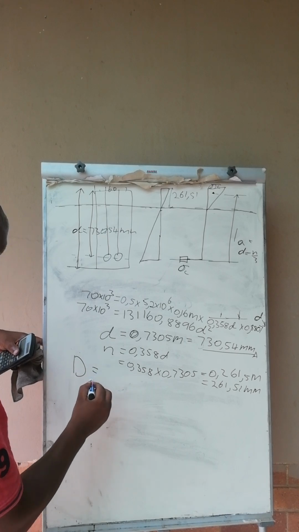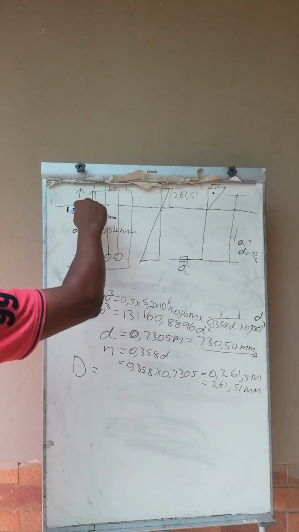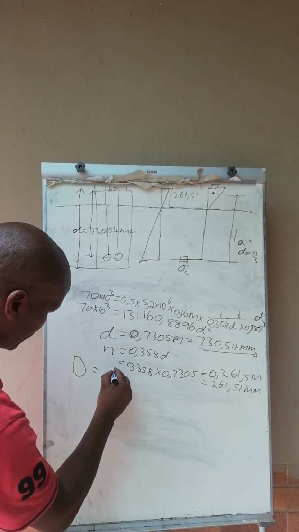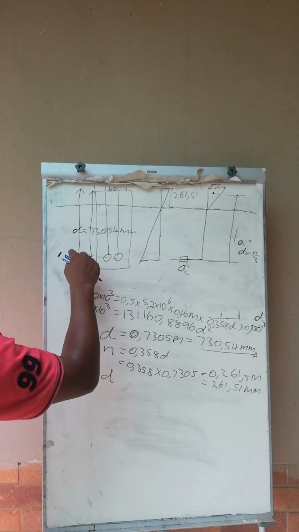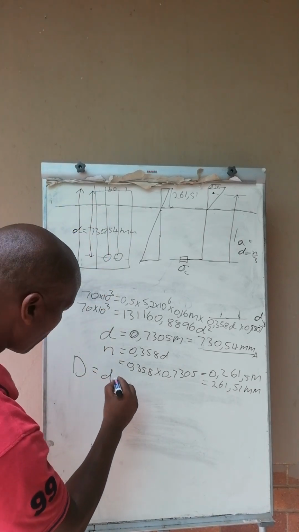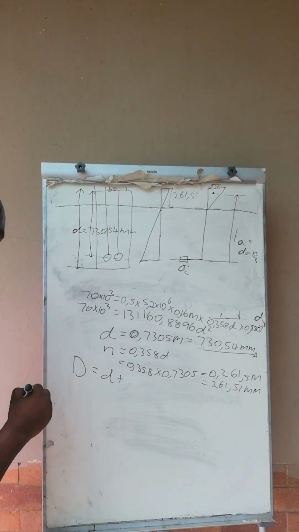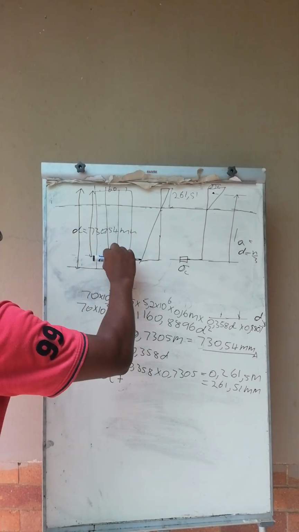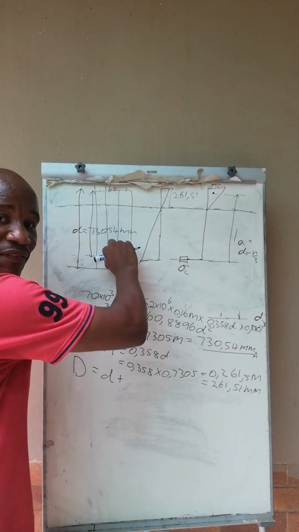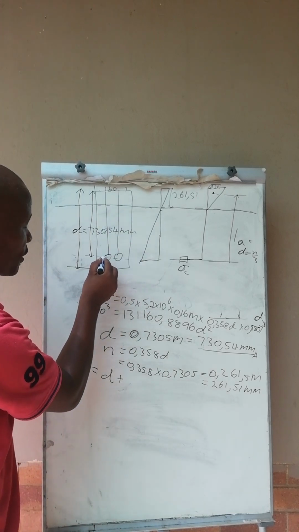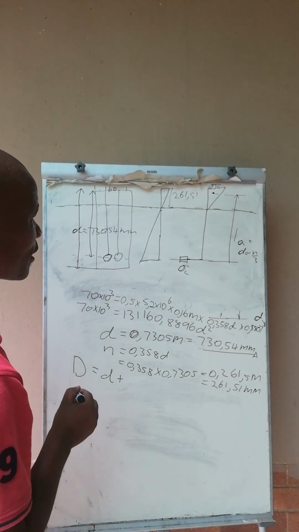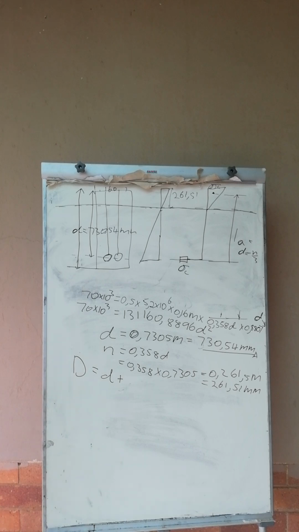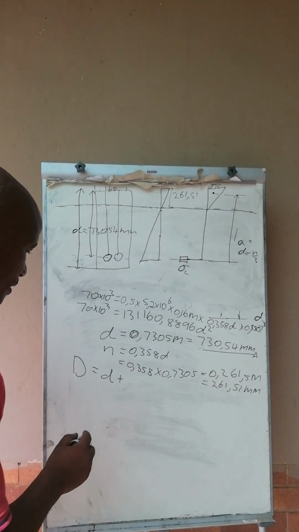The distance from there to there is D plus the diameter of the steel, which is given as 20 millimeters.